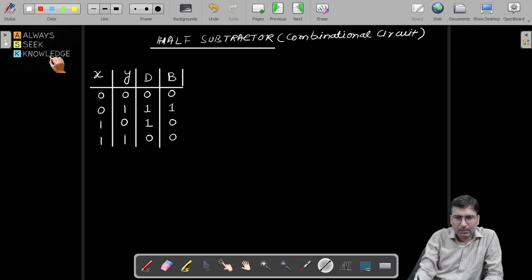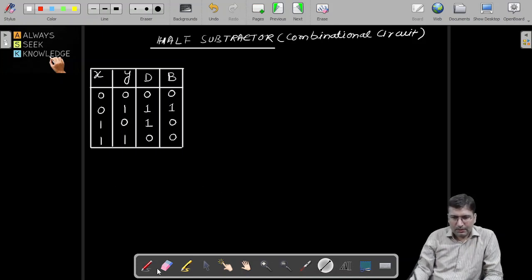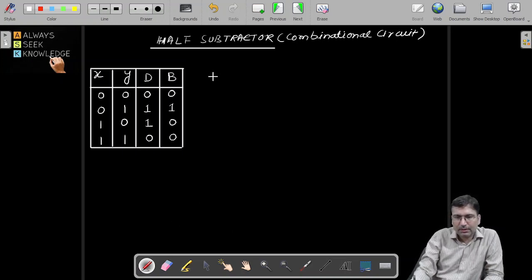Now let's talk about the Boolean function of difference and borrow. Let's talk about the Boolean expression of difference D. If we look at here, because it is a very small truth table, rather than going for a K-map, we can just look at it.